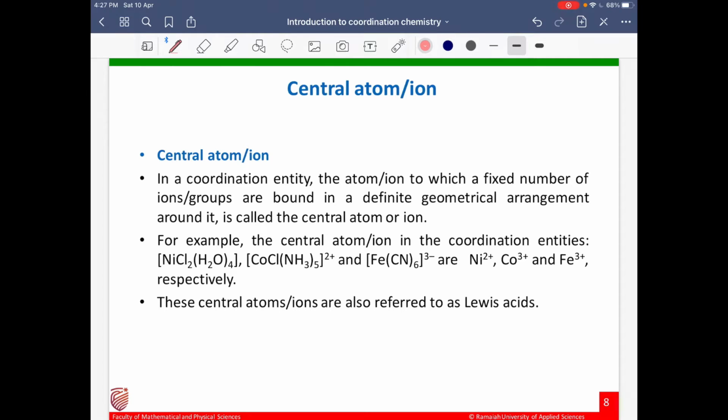So here in this example, nickel is the central atom, which is bound to ions or groups and forms a definite geometrical arrangement. These central atoms or ions are also referred to as Lewis acids.